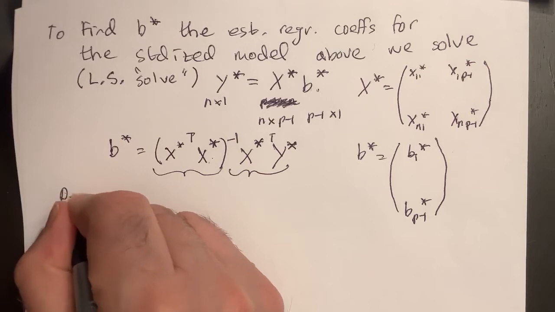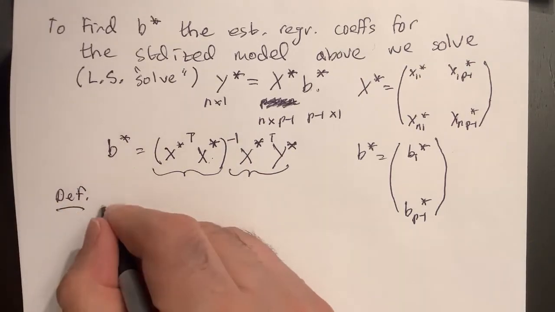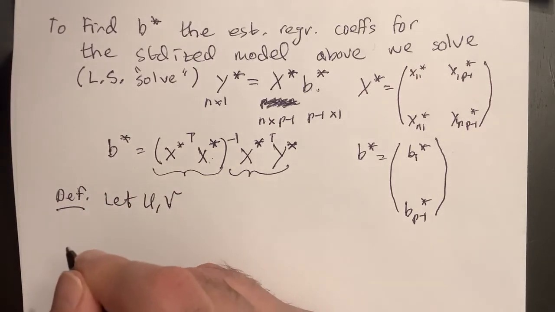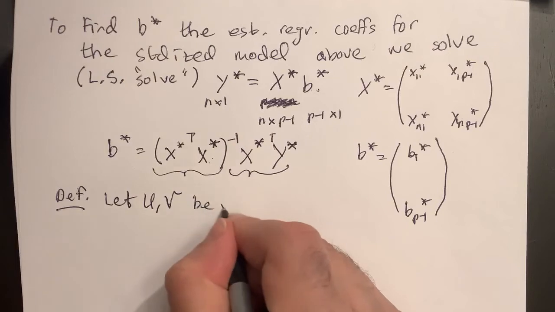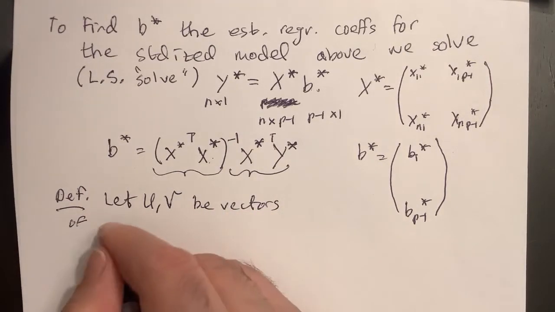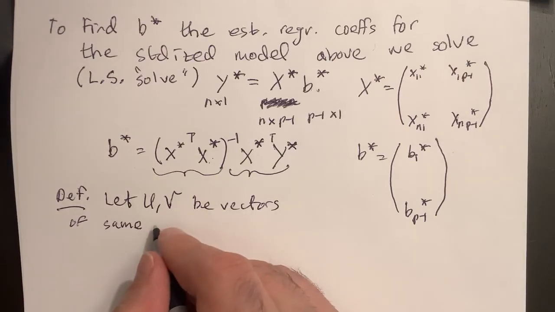So we define, say, let U and V be vectors of the same length, or same size, same number of elements.